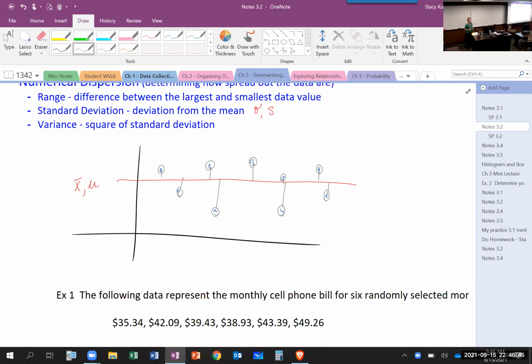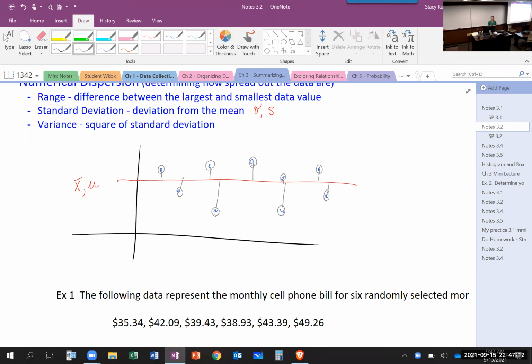It is an average distance, right? Just like our mean is the average of all of our data points, the standard deviation is the average distance away from the middle that I have. It's the average deviation away from the mean. That's what our standard deviation is.